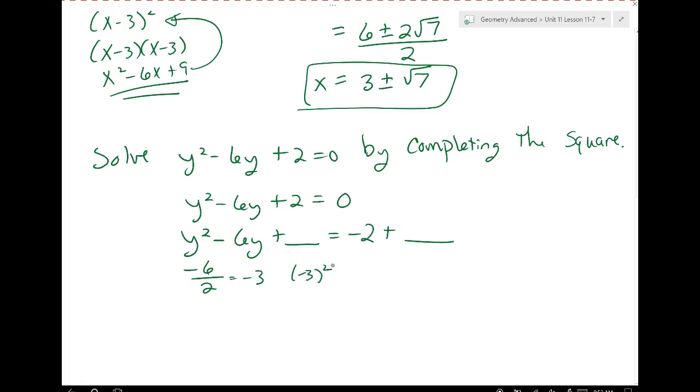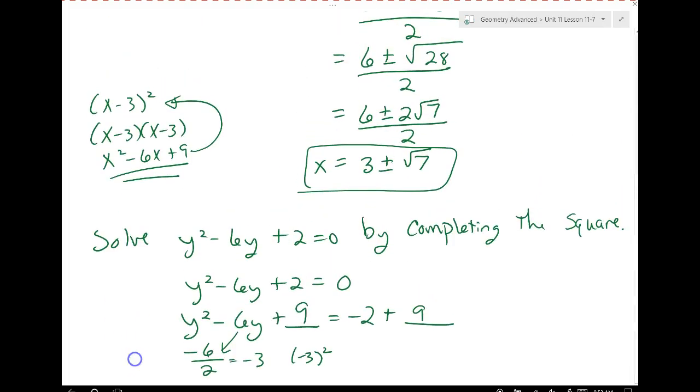So this will always be our pattern. Divide it by 2, take that number and square it. What's negative 3 squared? That goes in here. There's your plus 9. But if I put it on the left side, I have to do it where? On the right side. Does that y squared minus 6y plus 9 look really familiar from up above? Isn't that a perfect square trinomial?